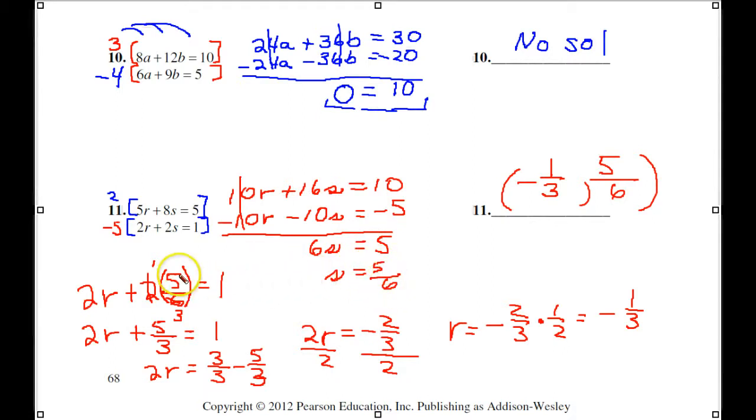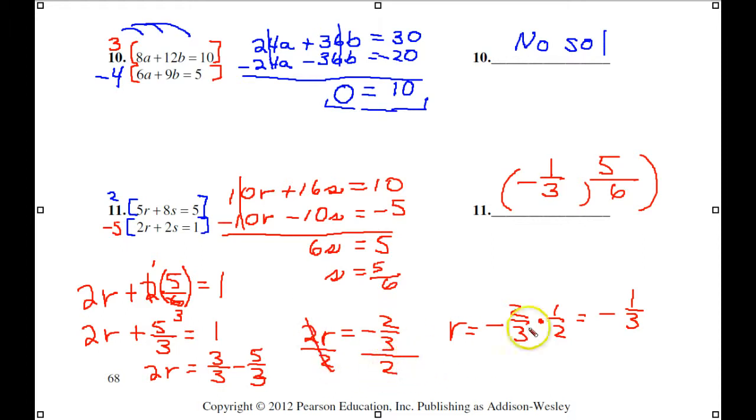I then put 5/6 into this second equation up here. That canceled out, and I got a 5/3. Brought that over, converted the 1 to 3/3. I got a 2r equals a negative 2/3. Had to divide both sides by 2.